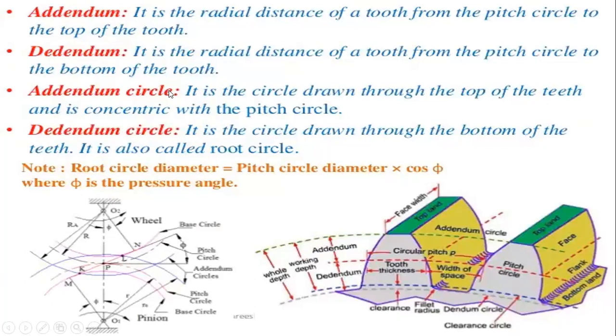It is the radial distance of a tooth from the pitch circle to the bottom of the tooth. You have to write this definition as it is in the exam. Do not write it in your own language. Remember, you have to take the line as it is to the exam.